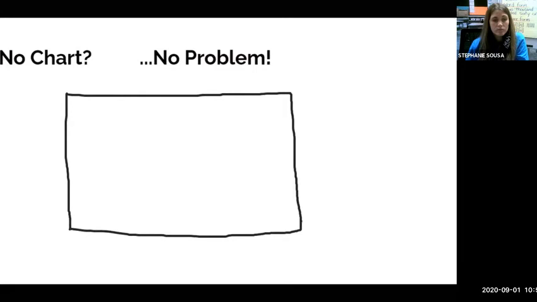Okay, then you're going to cut it in half. Okay, and each of these halves is going to represent a period. And a period, hopefully you've talked about this, has 3 place value positions in it.